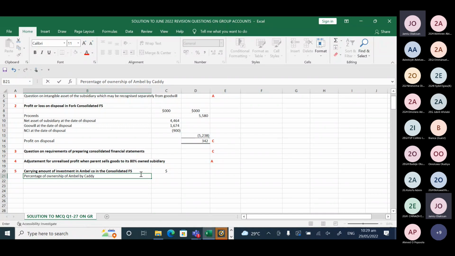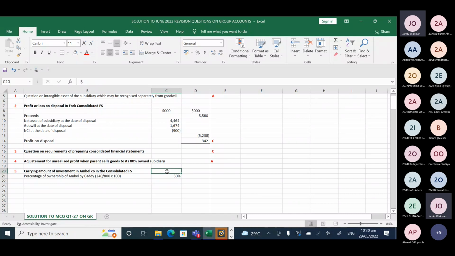That is 240 divided by 800, multiplied by 100. 240 divided by 800, I'll now put it in percentage, which is 30%. So let me take this one and bring it down.